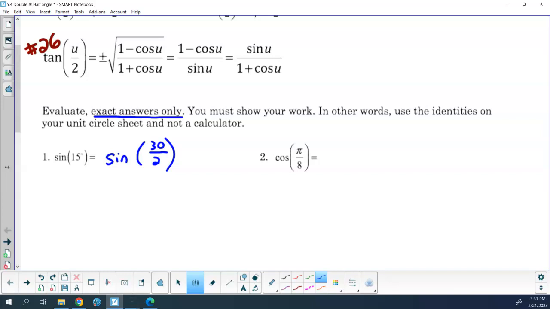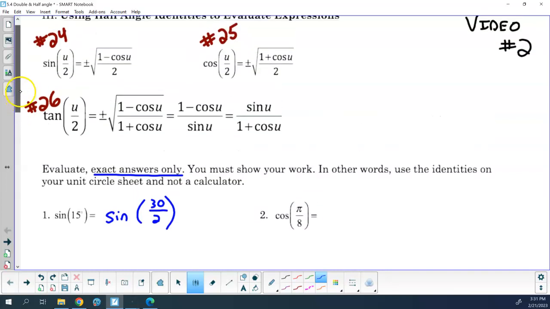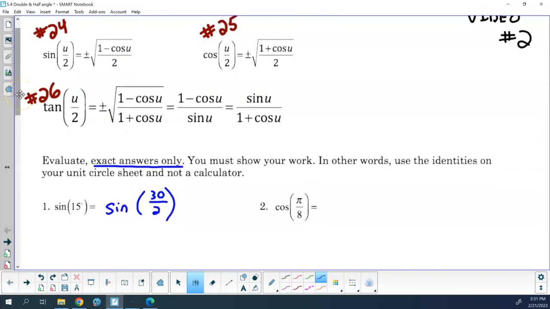Now, if I scroll back up here, I'm looking at this formula right in here because I'm dealing with sine. So I have to look at where this angle lies to determine if I go with the positive or the negative.